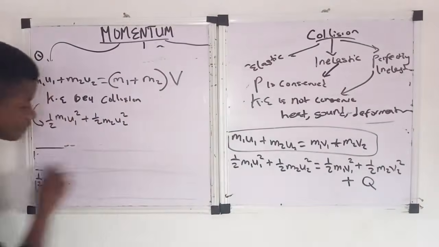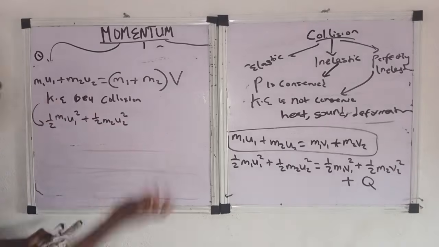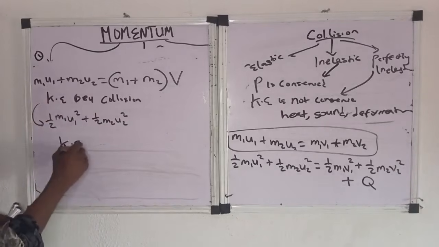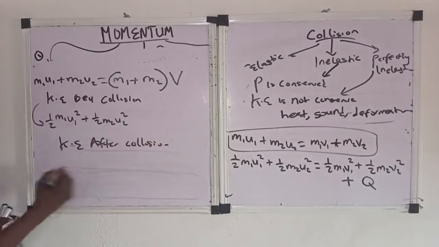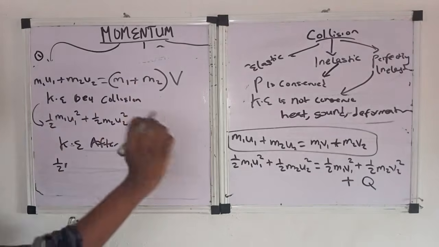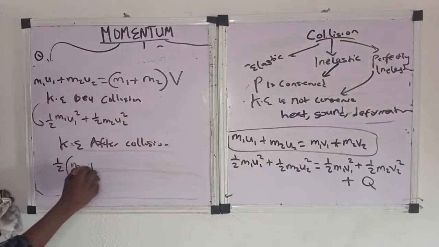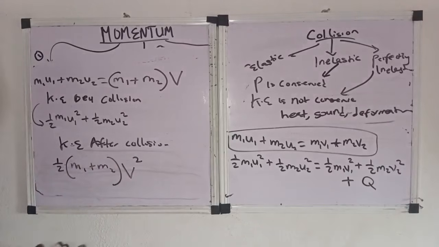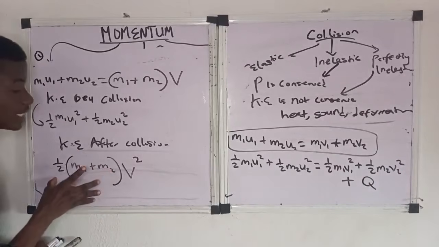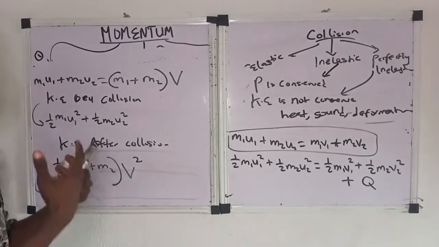Remember, they now move with a common velocity after they collide. So the kinetic energy after collision will be half, since after collision they move together, half of bracket m1 plus m2 bracket close, times V squared. So this is the kinetic energy after collision, then this is the kinetic energy before collision.